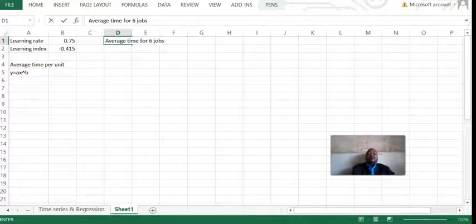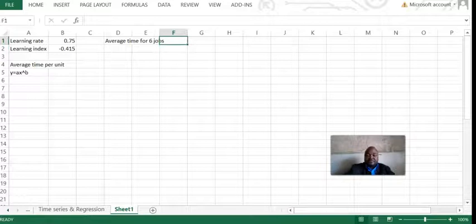Average time for 6 jobs using the formula is equal to time for the first job, which was 5, multiplied by 6 jobs.